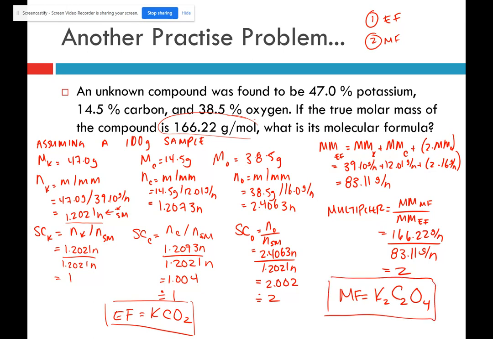This would be a really long answer question on a test, quiz, or exam. It would obviously be out of a lot of marks because we did a lot of steps. It would be 1 for your assuming statement, 2 for your masses, 3, 4, and 5 for your 3 moles, 6, 7, and 8 for your 3 subscripts, 9 for calculating your empirical formula, 10 for calculating your molar mass correctly, 11 for calculating your multiplier, and 12 for your correct molecular formula.